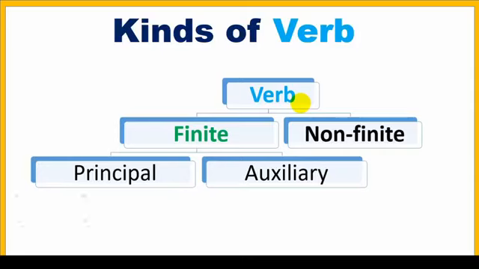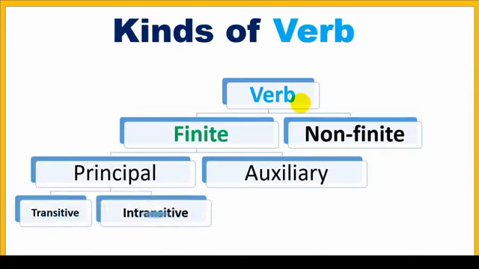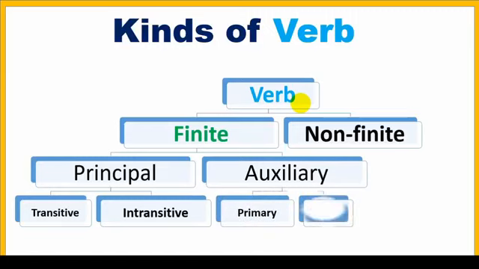There are two types of principal verbs. They are transitive verb and intransitive verb. There are also two types of auxiliary verb. They are primary auxiliary and modal auxiliary. Dear student, let's know about these kinds of verbs.